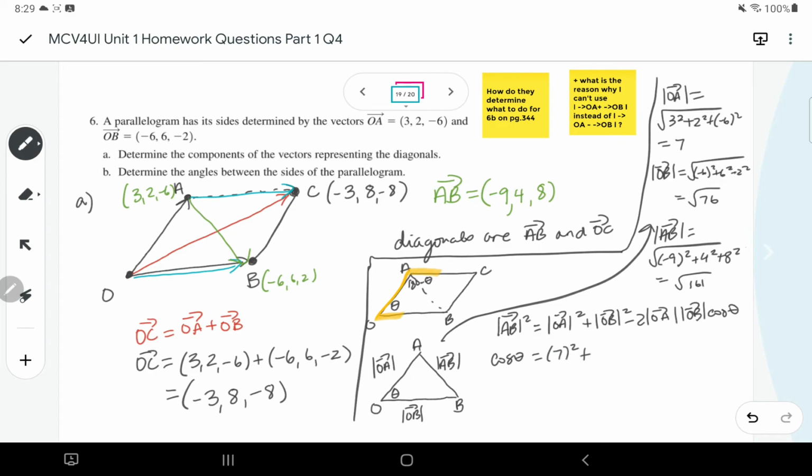The magnitude of OB is root 76 squared. And then minus, rearranging that cosine law, the square root of 161 squared over 2 times 7 times root 76. So that's a little bit squeezed in and skipping some steps in rearranging the cosine law, but I trust you guys to figure that one out, or show a bit more steps if you need.